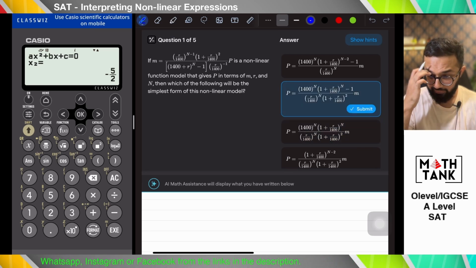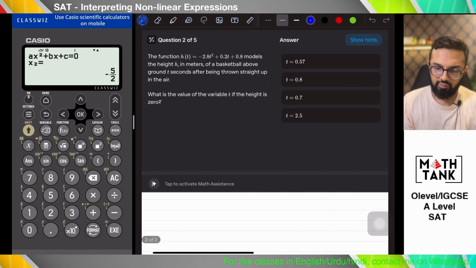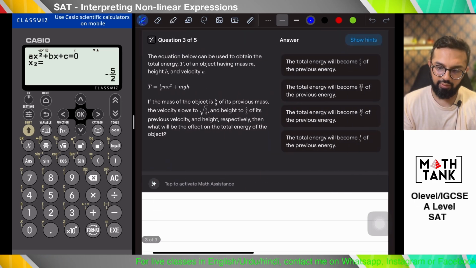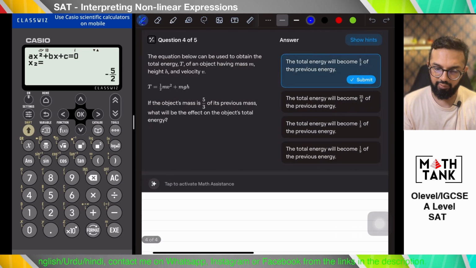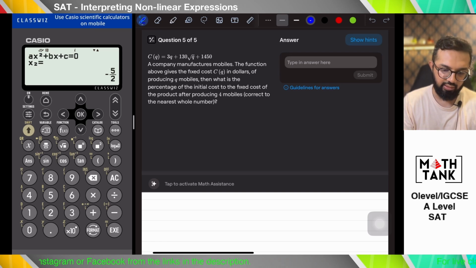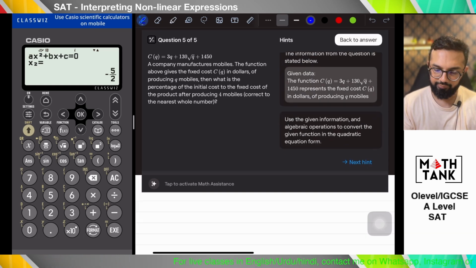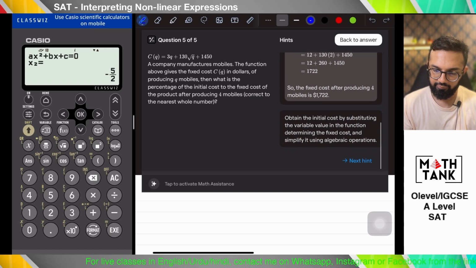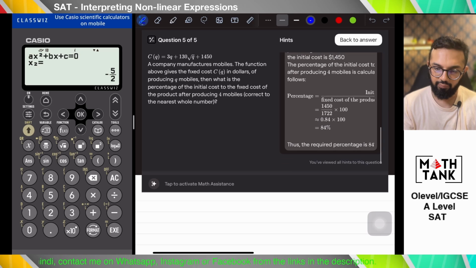There's a -1 as well. 0.57 was the correct one to this one. 10 over 9 was the correct one to this one. 5 over 6 was the correct one to this one. And what did I just get? 82, I think. Let's just see the hints so that I don't get this wrong. 84.